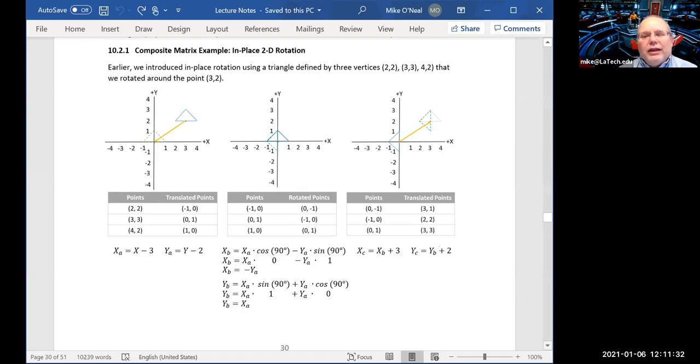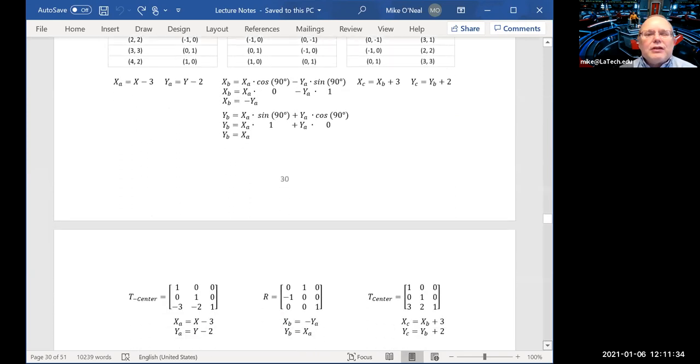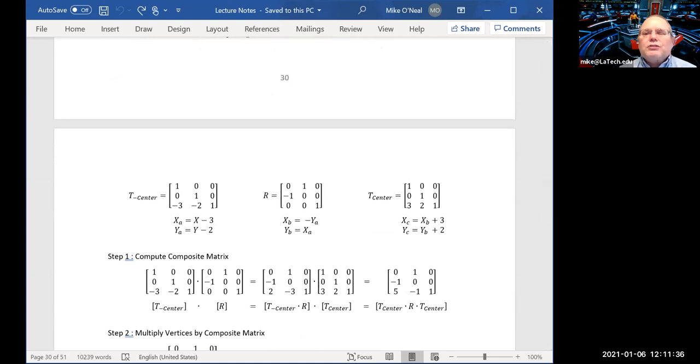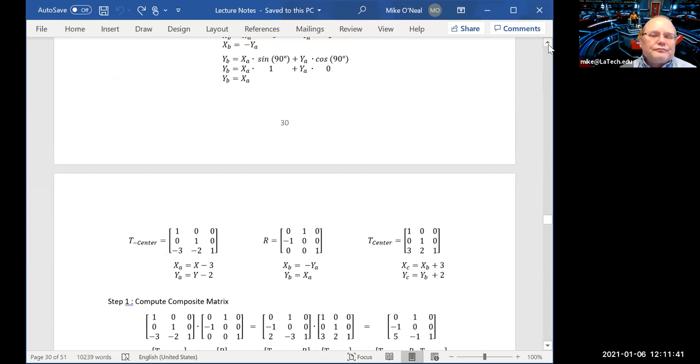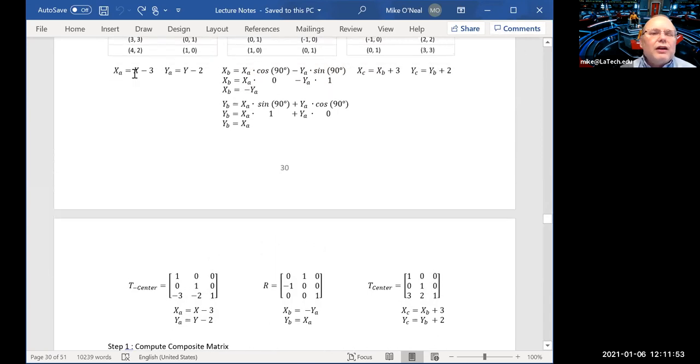Well, if we express these not as equations, but as equivalent matrices, so x minus 3, y minus 2, this is the equation format that we just used right up here. Nothing changed.